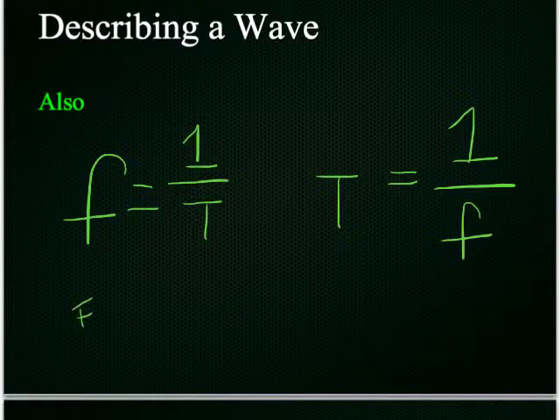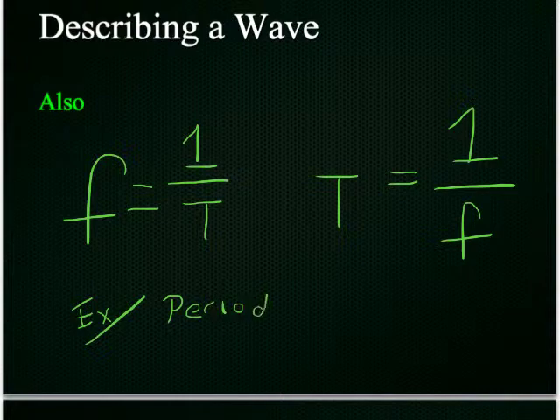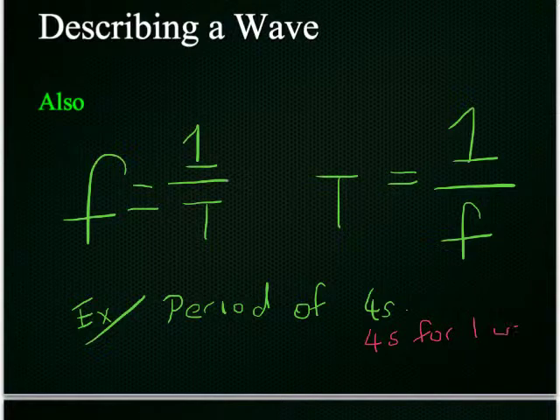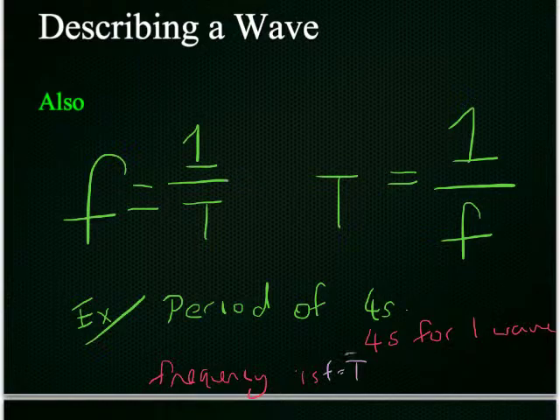So for example, if we had a period of 4 seconds, so that means we have 4 seconds for one wave, then the frequency equals 1 over the period, so that's 1 over 4, so it equals 0.25 Hertz.